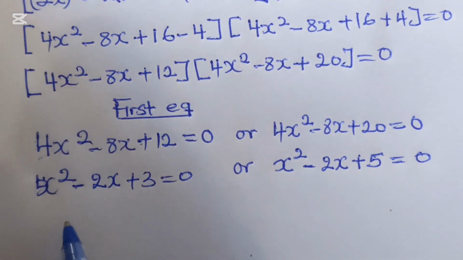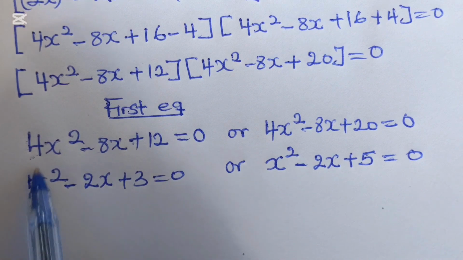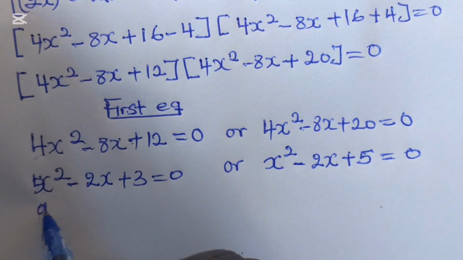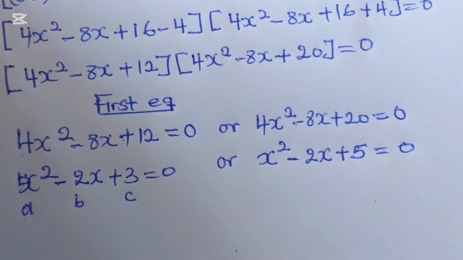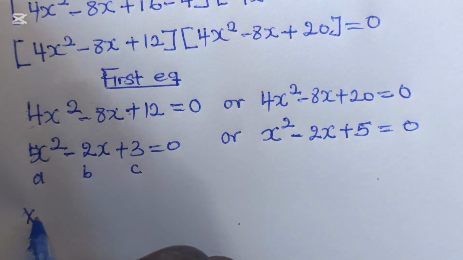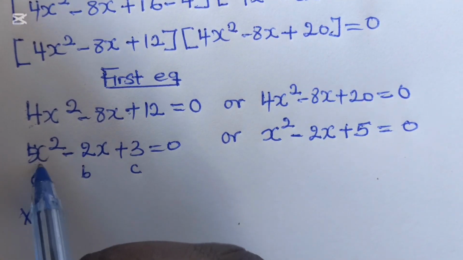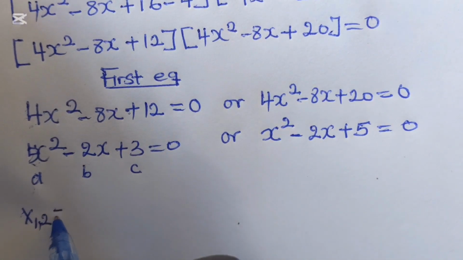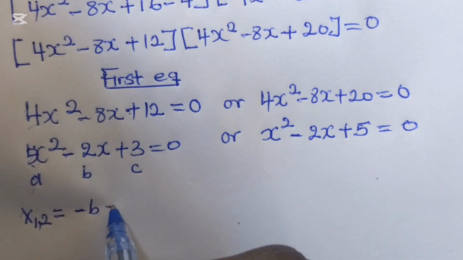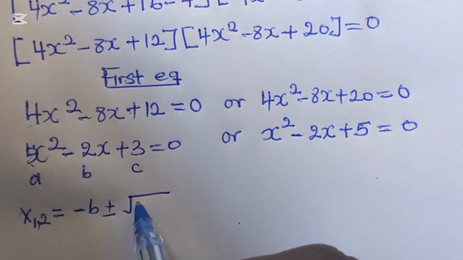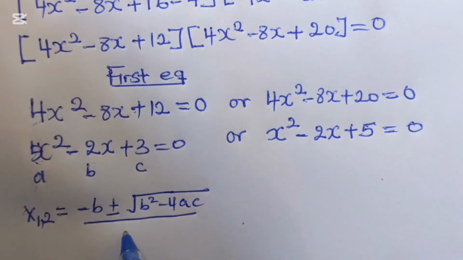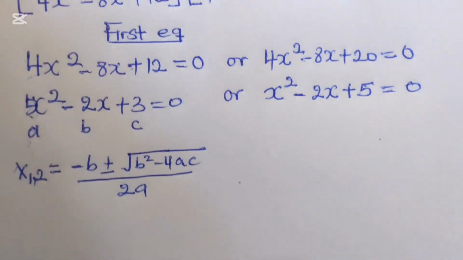Okay, now for simplification, we can use the formula method, where this can be a, b and c, and then x1 and 2, because this can provide two values, will be x = (-b ± square root of b^2 - 4ac) over 2a, right?